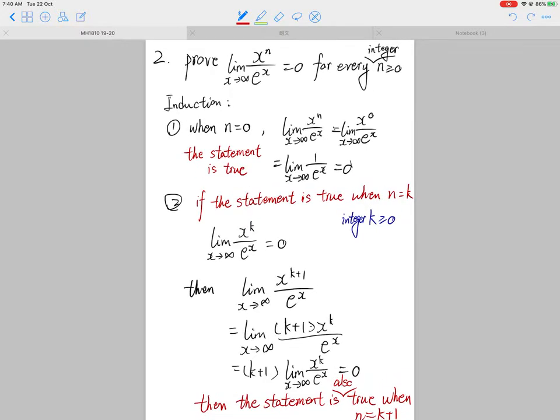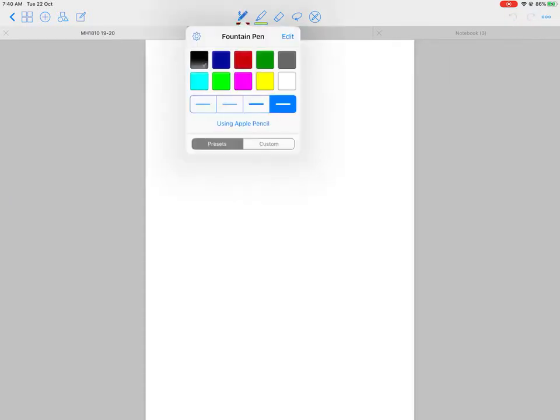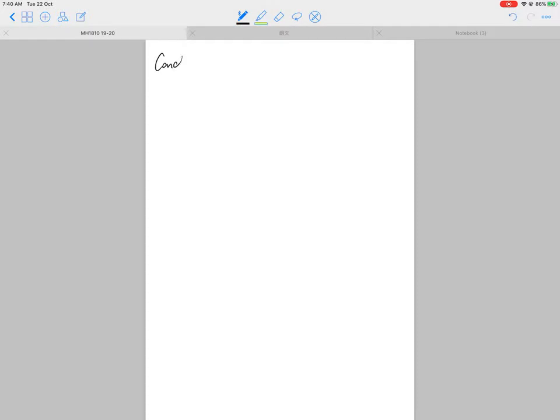Then by mathematical induction, you know that. Okay. And the conclusion is the statement is true for all integers n greater or equal to 0.